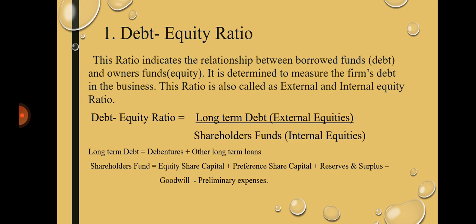This ratio is nothing but the proportion between external equities and internal equities, that is the ratio between long-term debt to shareholders fund. Okay, now what do you mean by long-term debt? Long-term debt includes debentures plus other long-term loans.